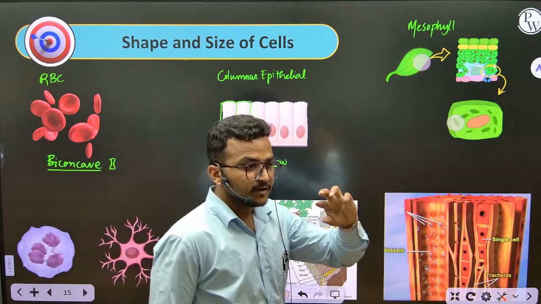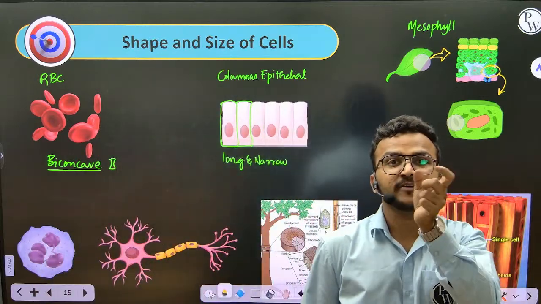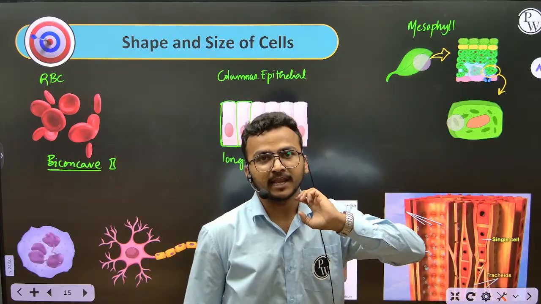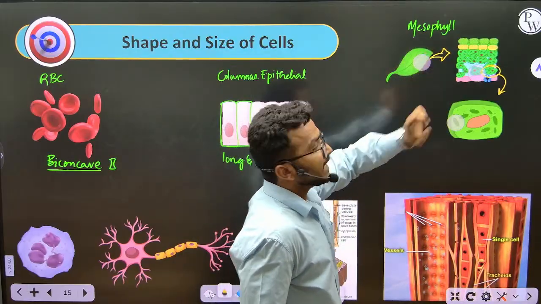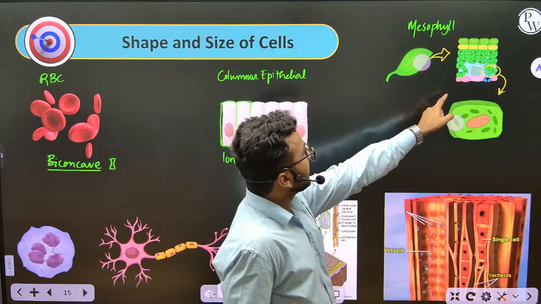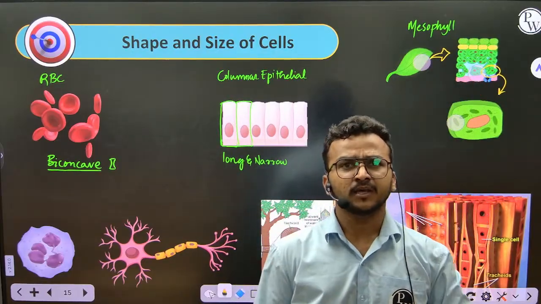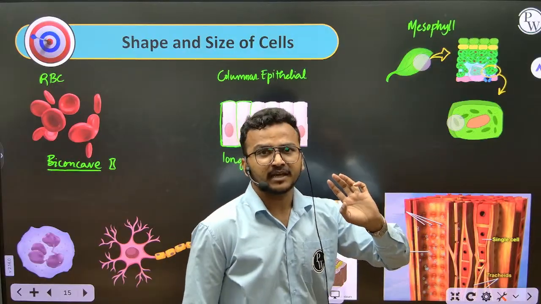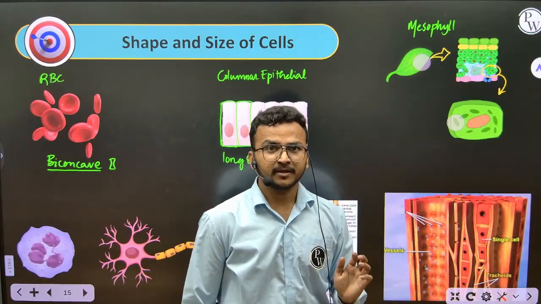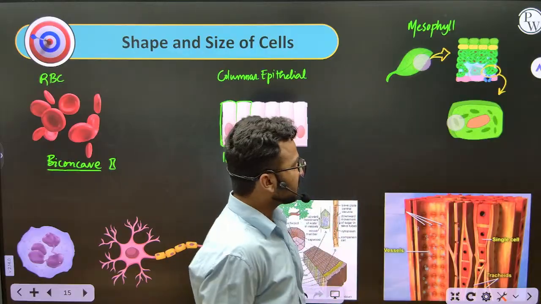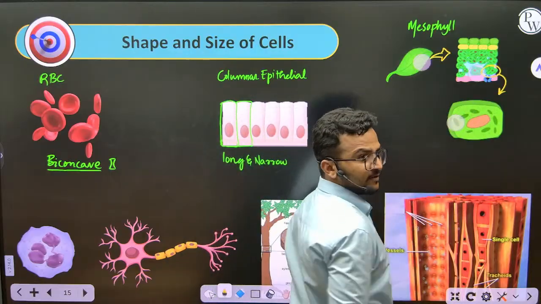In the word itself there is phyll, and phyll means leaf. The leaf contains two types of cells, usually in dicots, spongy and palisade separately. In monocots it is different, spongy. So these are mesophyll cells.